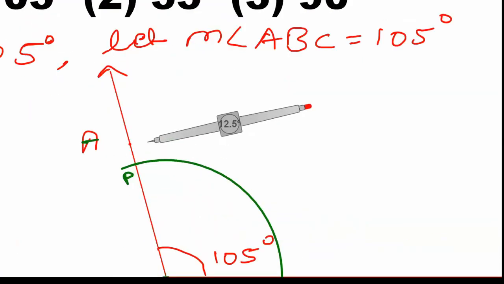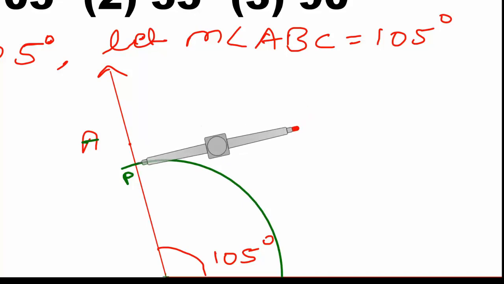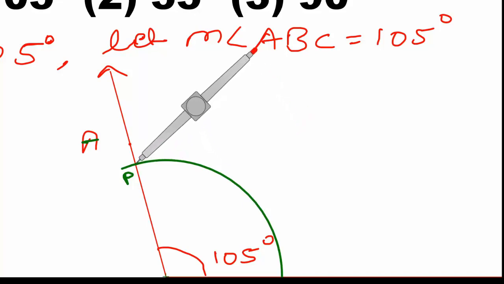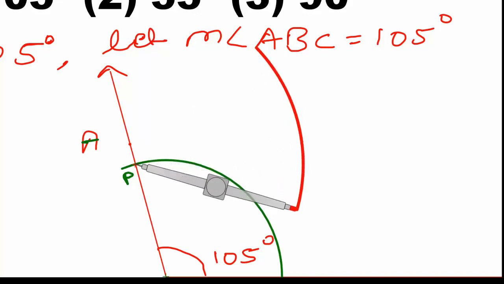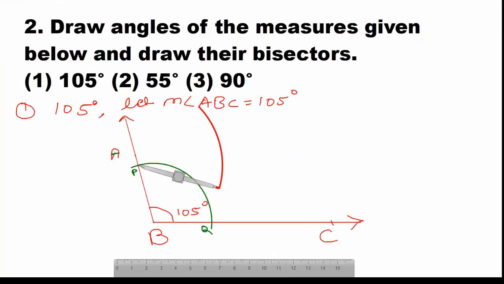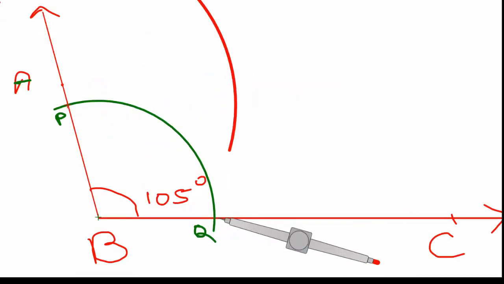Put the pointed tip of the compass on point P as shown here and draw a circular mark inside the angle. Then again put the pointed tip on point Q as shown here, this one.